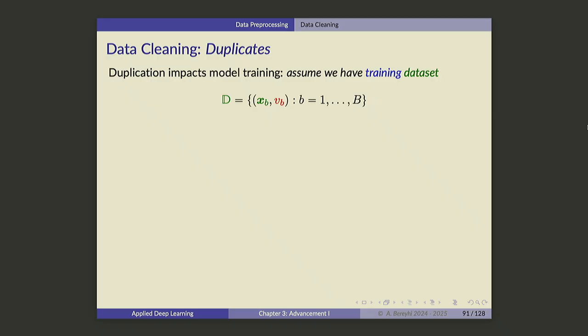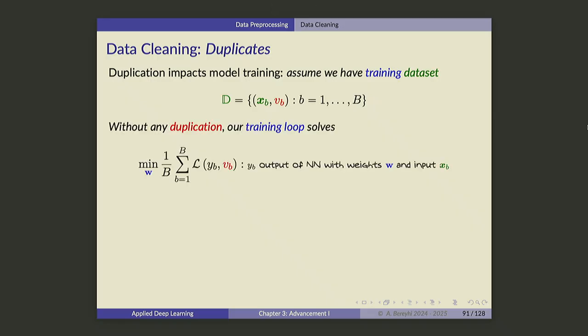For instance, say I have B different samples collected from one data distribution, and I want to train without any duplication. I do this averaging, which is estimating the target expectation on the data distribution.